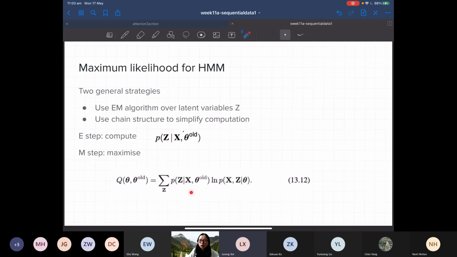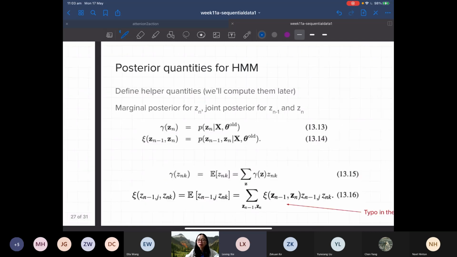For the first term, we plug in the current theta. The complete data likelihood is nice in that it's a product of terms. We take the log, we can essentially pull them apart. And we then maximize this Q term with respect to theta new. Then we're done. So that's the EM recipe plugged in here.